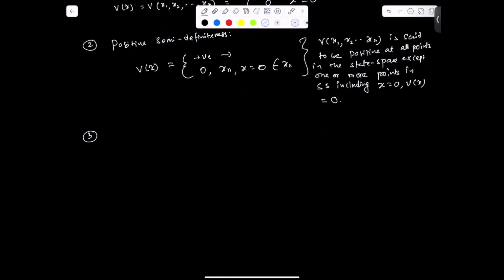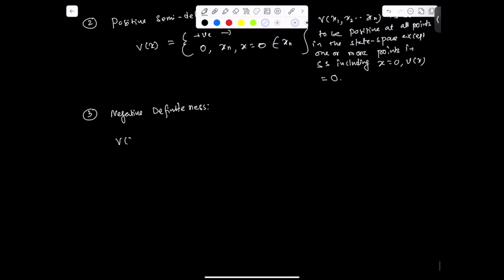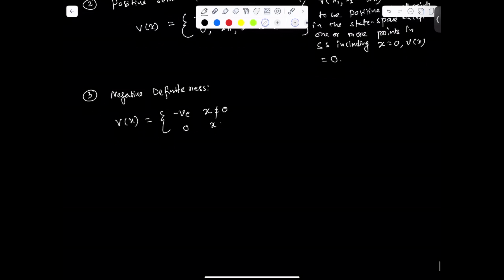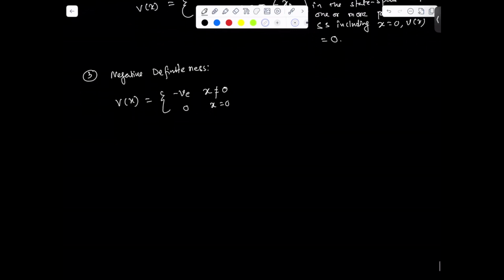Now the third part is negative definiteness. Here the function V of x is a scalar function and it will be negative for all x not equal to 0, and 0 at x equal to 0. If the function follows this rule, then you can say the function is negative definite. And next is negative semi-definiteness.